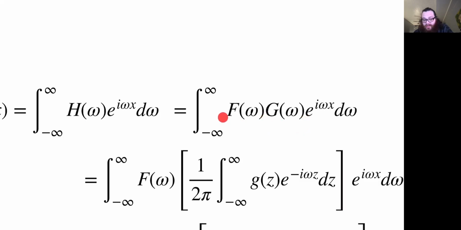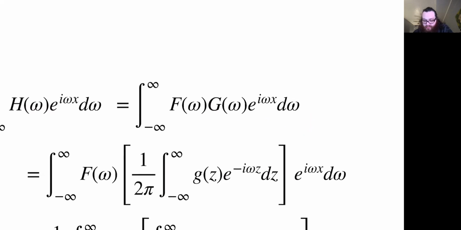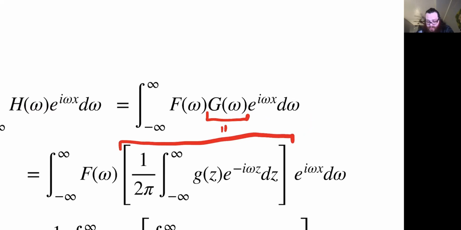You can do the same thing by plugging in for f and get a similar result, but we'll focus on g. That's what this next line is. This piece right here is exactly this, we're just plugging in the definition of the Fourier transform for G. F is unaffected.